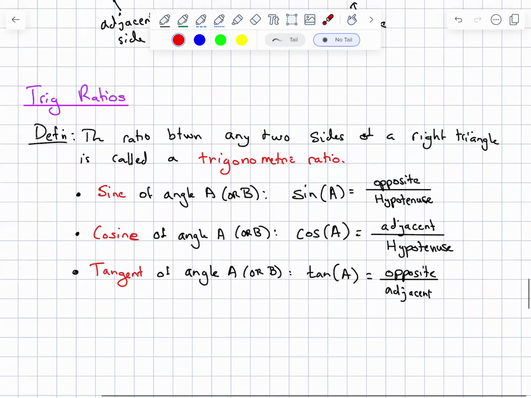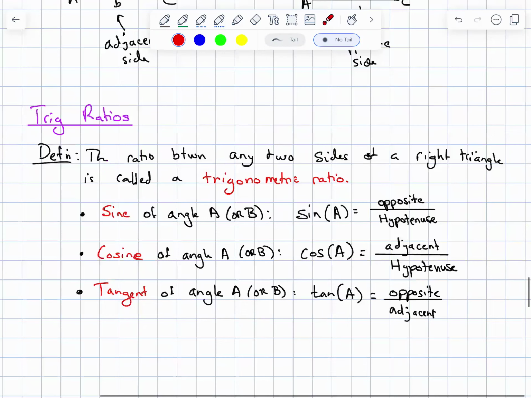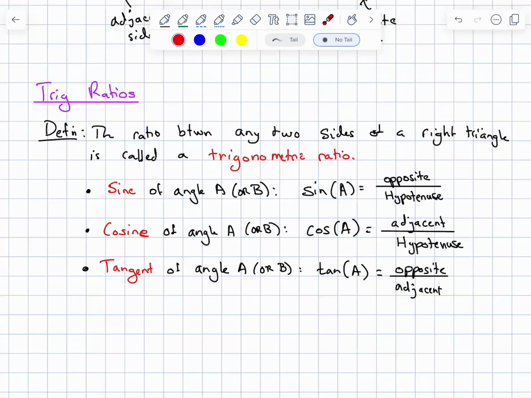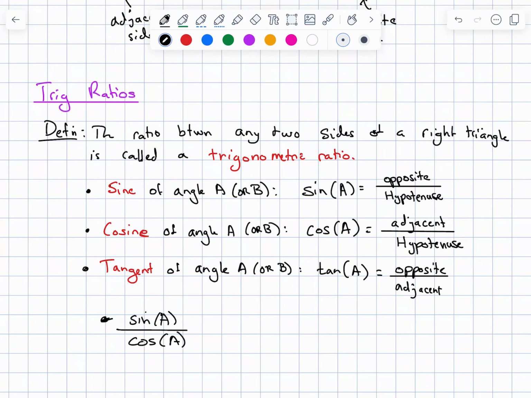And just as a fun little observation, because I wanted to tell you this joke. You don't need to write this down, by the way. This is just for sillies. Sine of A over cosine of A. That'll be opposite over hypotenuse divided by adjacent over hypotenuse.